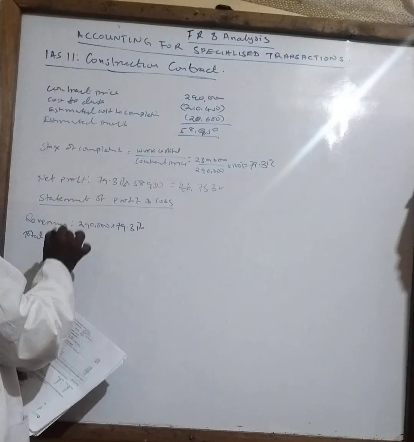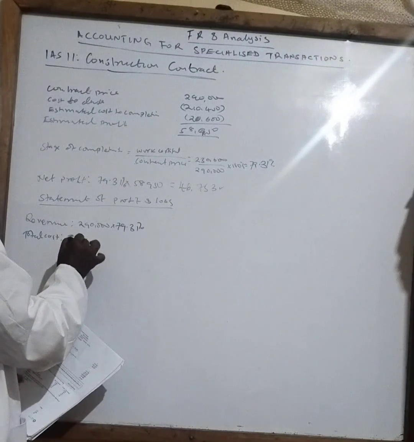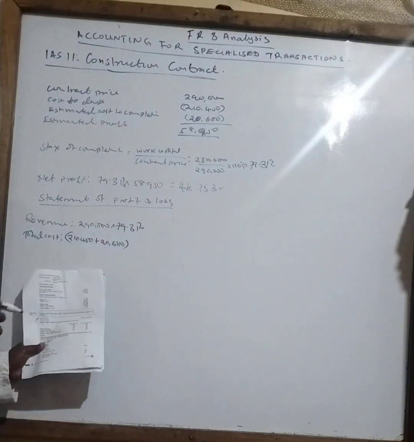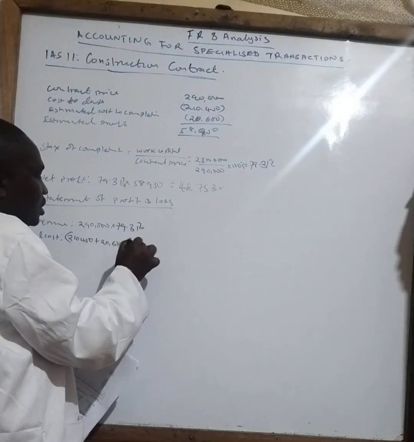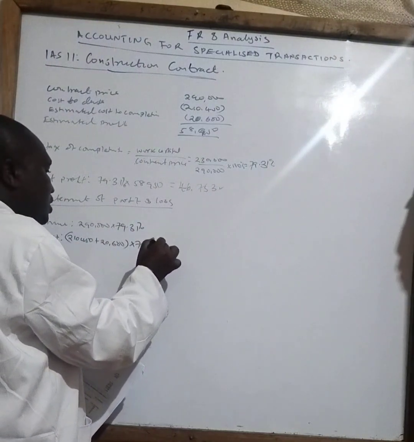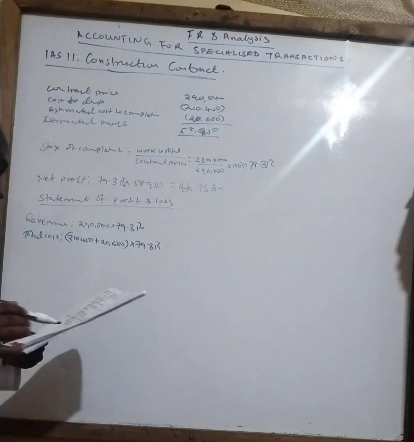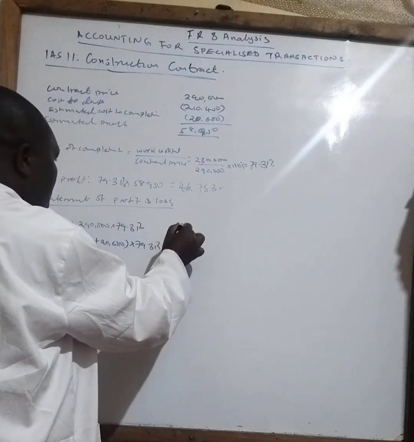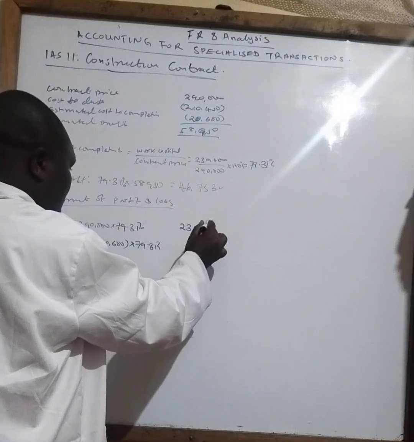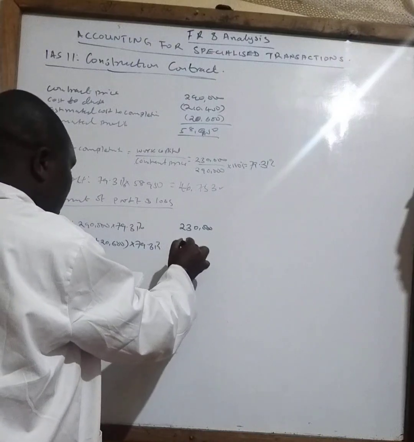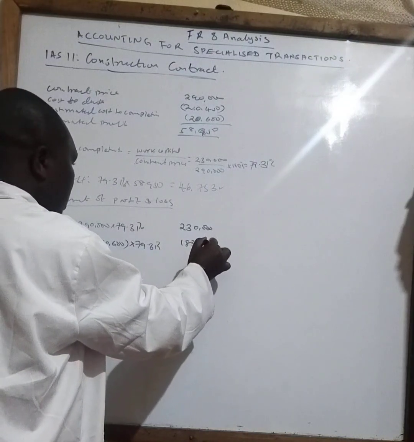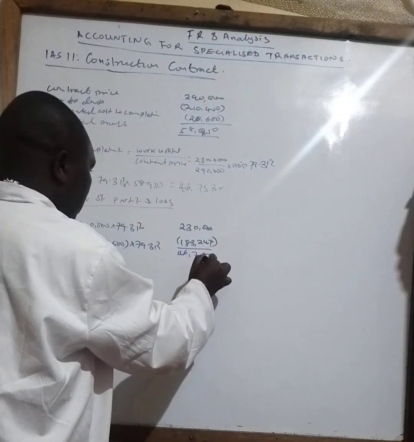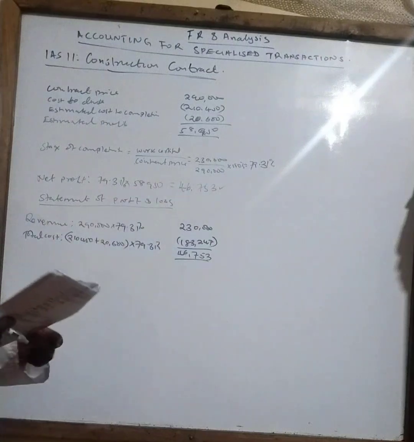Total cost in this case is 210,450 plus 20,600. Then you cannot recognize the entire, but you recognize only 79.31%. So how much is that? If you do calculation very well, you'll find that this one will give you 230,000. Then this one will give you 183,247. So if you subtract, you get 46,753. You can see it is the same as what is there.